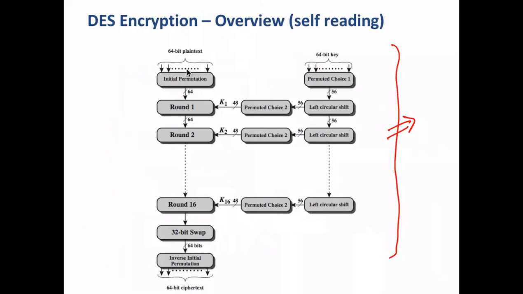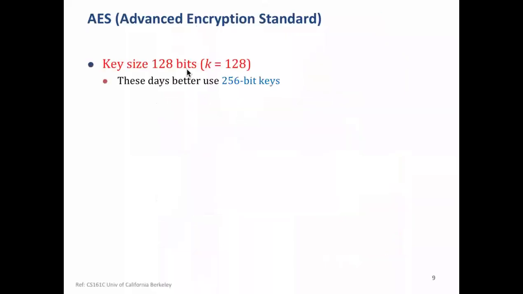If you are interested, you can go through the paper and find out more details. This is more of theoretical research, but if you're really interested in how it works, please go through it. Note that all this is deterministic. Then we came up with AES, the Advanced Encryption Standard, wherein the key size is 128.